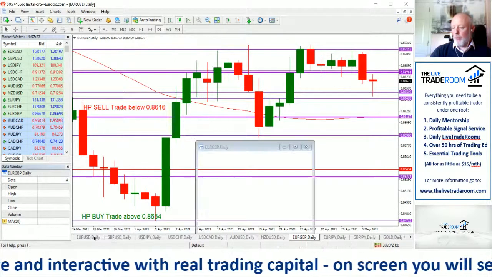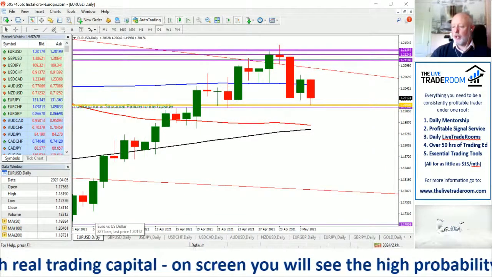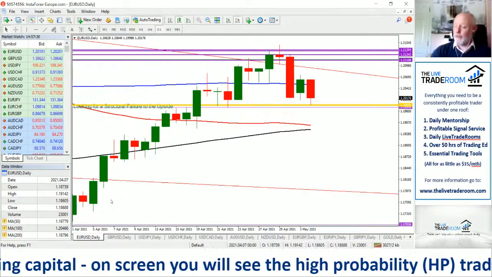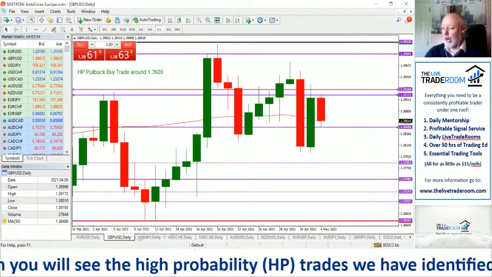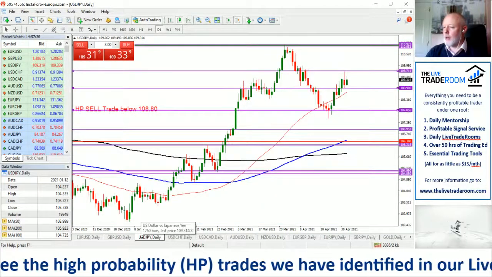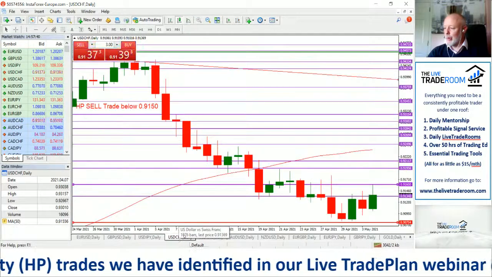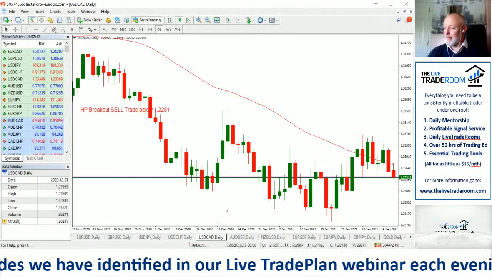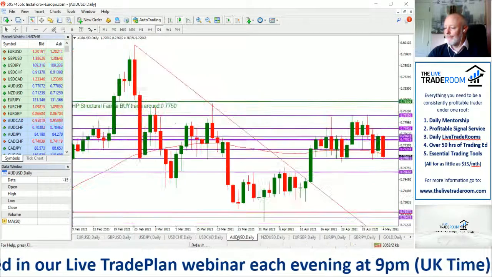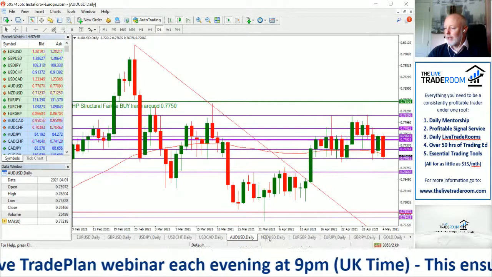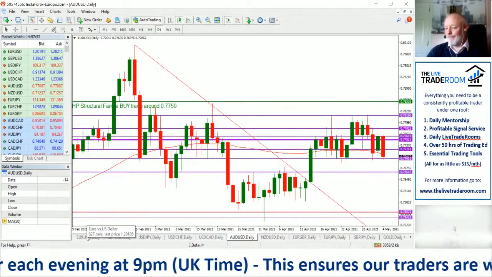So we'll look to see if we get some continuation across the dollar strength trade. So it's a case of looking for the higher probability dollar strength trades. They all have reasons to be.